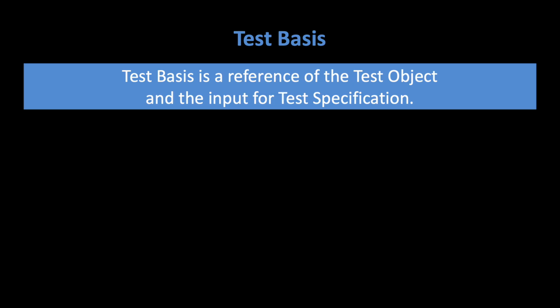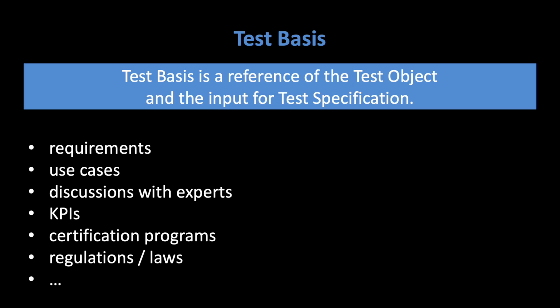So as said, the test basis is the input for the test specification and is a reference to the test object. And this can be any kind of specification or requirement of the software product or the feature. It can also be a description of the use cases.